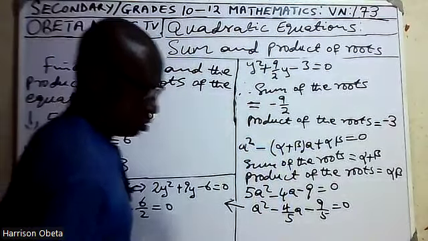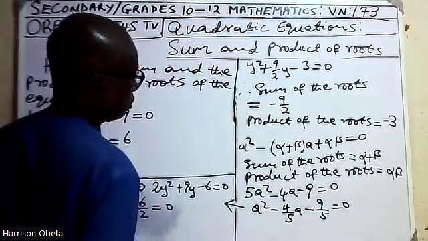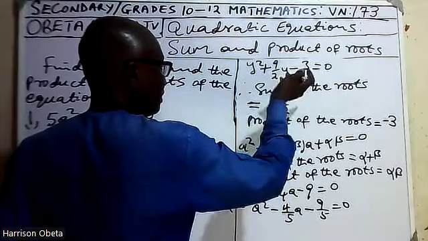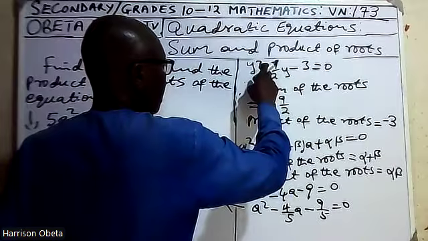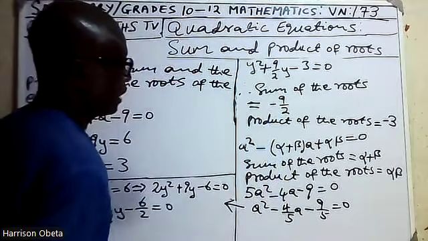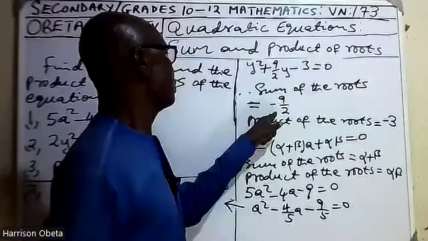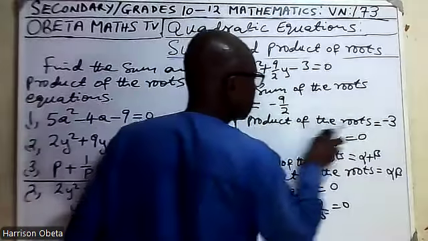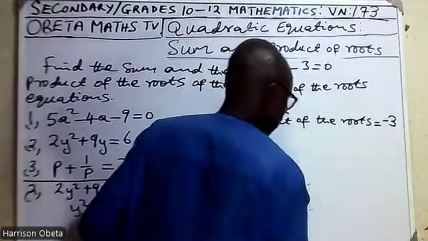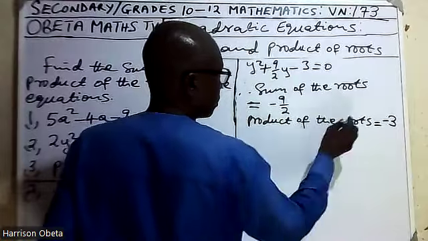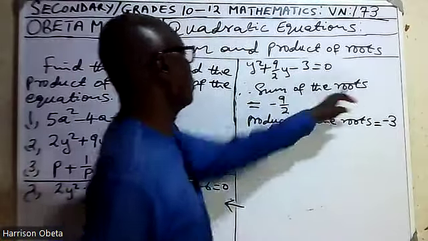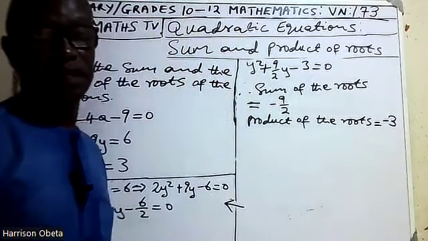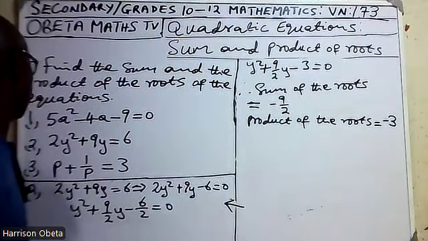To conclude, remember the general form, we have minus here, so to change this to plus, that is why we have minus 9/2 instead of positive. So the sum of the roots is minus 9/2, and the product of the roots is minus 3. So that's question number 2.